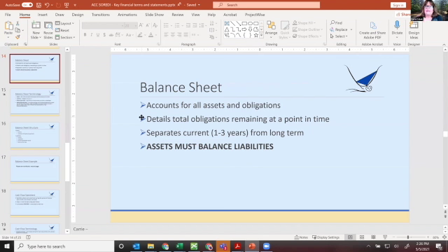You pick the date that you want the performance to be. So it's a picture or a snapshot. If you think of the profit and loss as a movie, the balance sheet is a snapshot. It's really looking at how things are at a point in time.